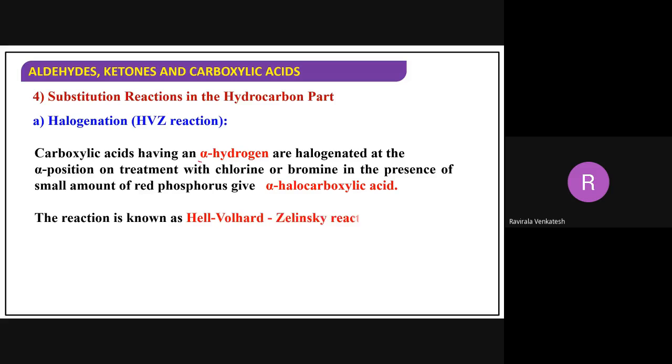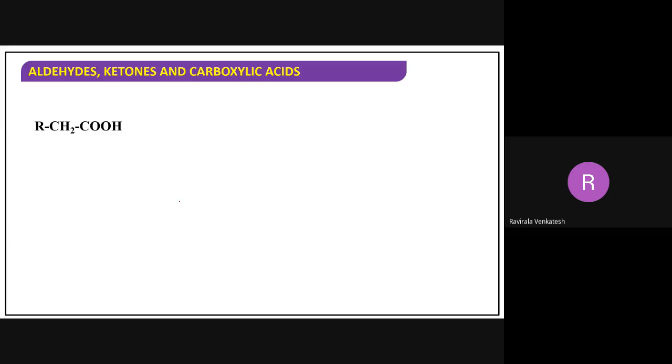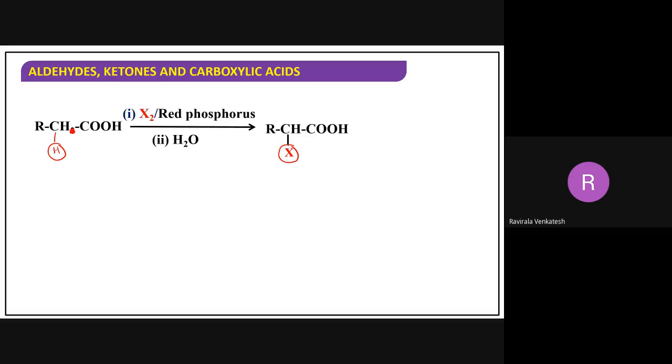Alpha hydrogens are halogenated. They may be chlorinated or brominated, in presence of a small amount of red phosphorus. This is called Hell-Volhard-Zelinsky reaction. Now observe here. One of the hydrogens here is replaced with halogen.